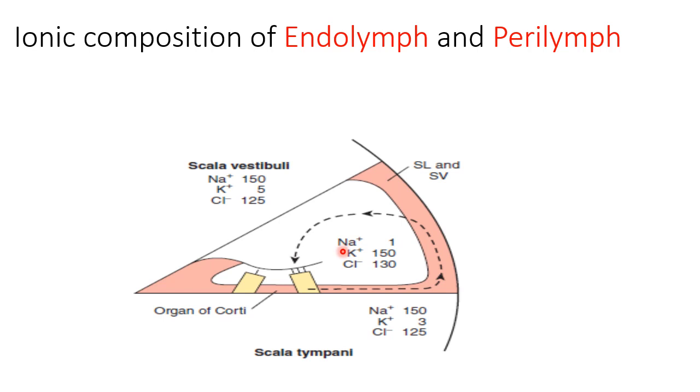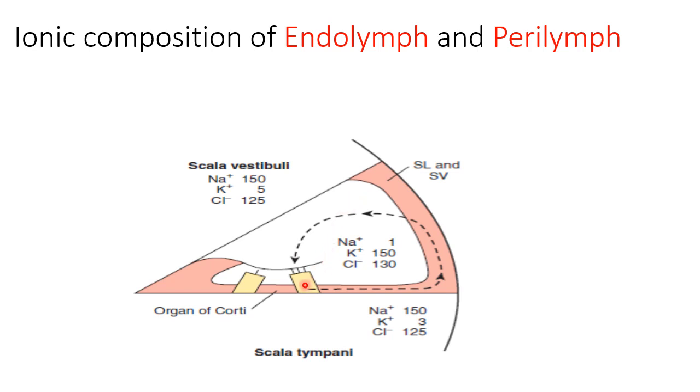These ions and the fluid are secreted by the stria vascularis. This is where the blood vessels are situated. This SV stands for stria vascularis. From these vessels, the ions and fluid are secreted and accumulated inside the scala media.